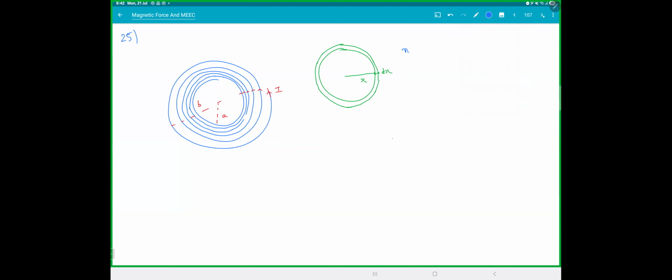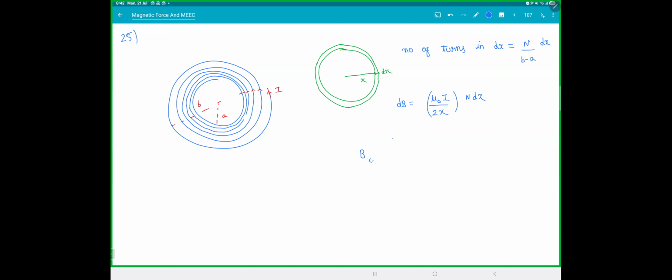So the number of turns in this dx will be the total number of turns by width, N by (b minus a), into dx. So the magnetic field due to this one dx will be mu naught I by 2x, that is mu naught I by 2r, into the number of turns in dx.